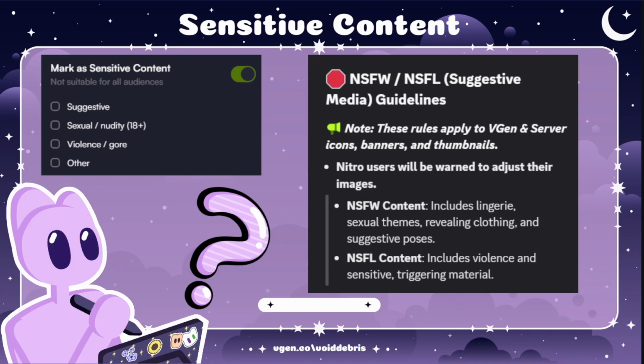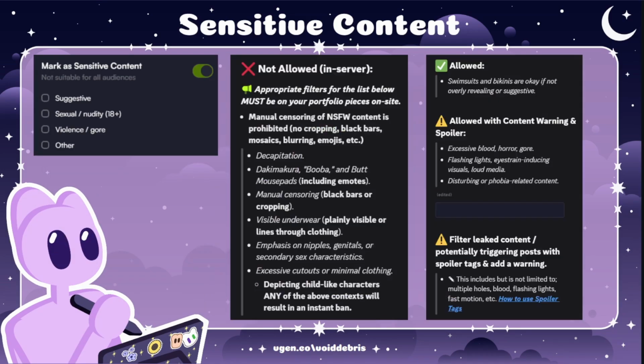All right. And then we have some more elaboration over here. So I want to highlight boob and butt depictions, emotes, mouse pads, etc. That has to be flagged. Manual censoring, black bars or cropping, that has to be flagged.